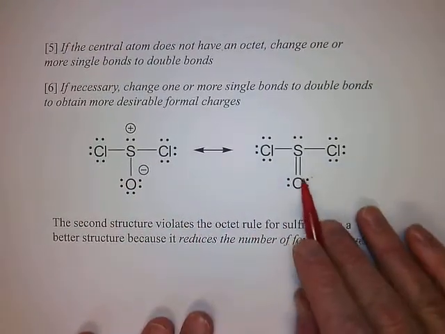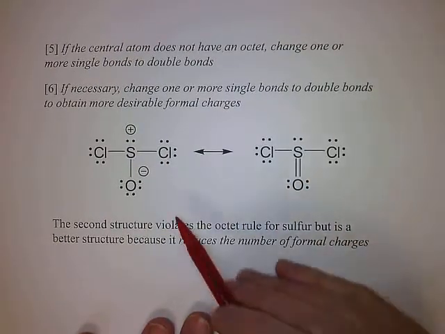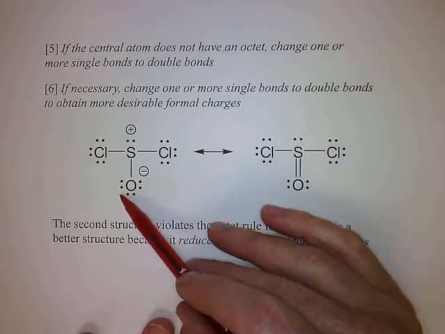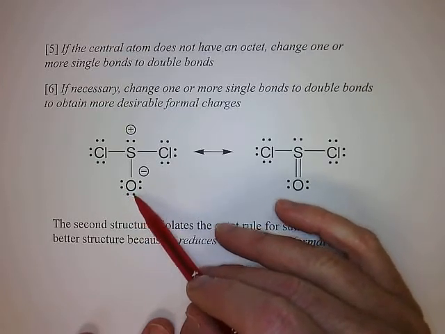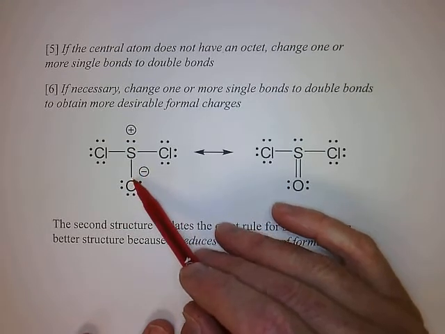So what happens if we go in here and move one of these unshared pairs to here, and change this single bond into a double bond?